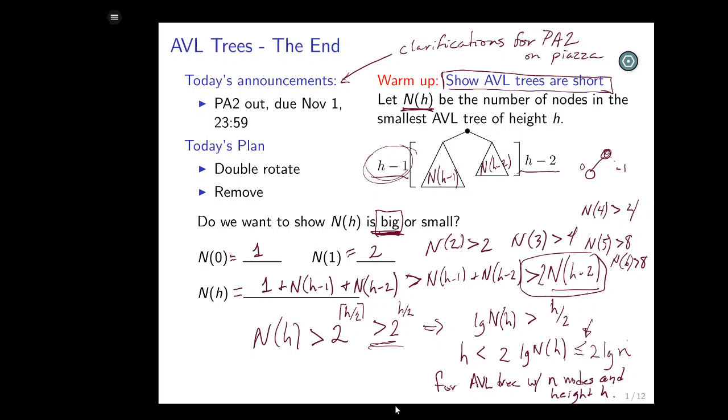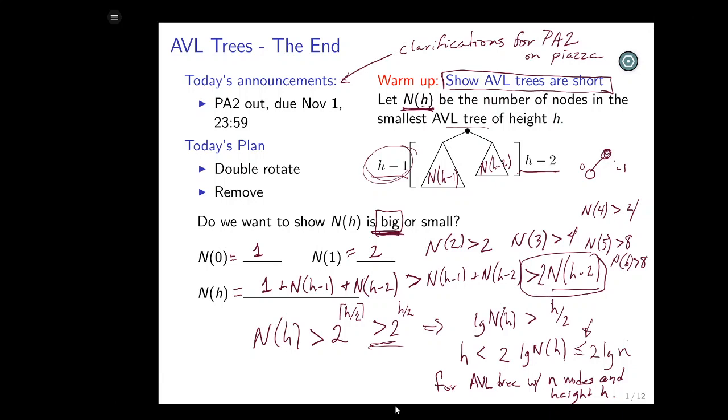Any tree that has n nodes and height h, I can make this statement about it. And so N of h is referring to the number of nodes in the smallest AVL tree. Correct. N of h is the number of nodes in the smallest AVL tree of height h.